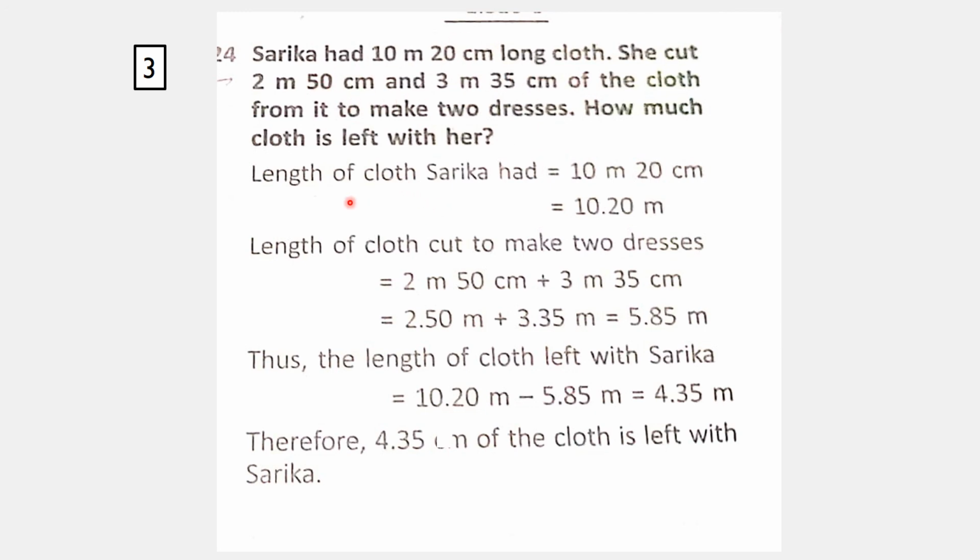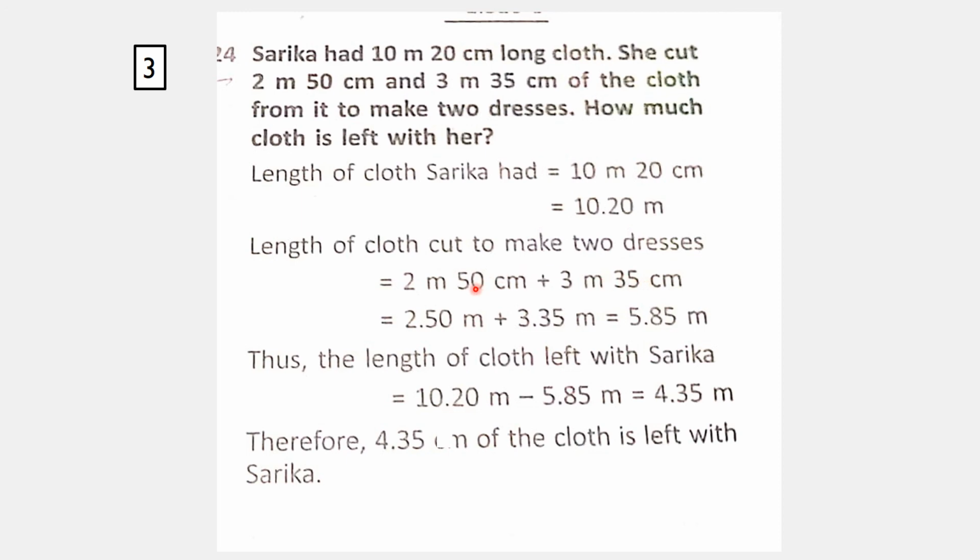So let us do. Length of the cloth Sarika had is 10 meter 20 centimeter. On converting this into meter, 20 by 100 is 0.20. So 10 plus 0.20 will be 10.20 meters. Now length of the cloth cut to make two dresses is 2 meter 50 centimeter plus 3 meter 35 centimeter.